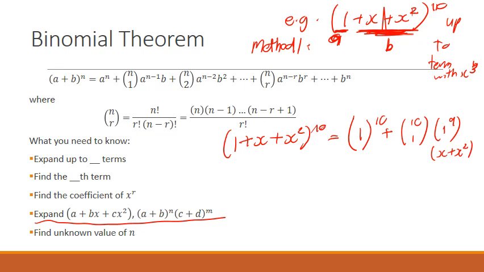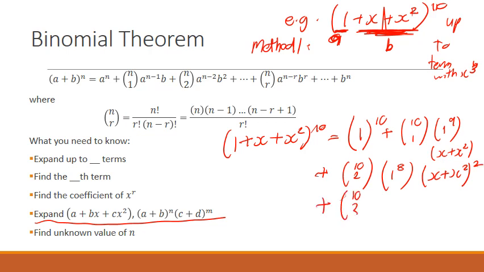Then I will continue on, plus 10 choose 2, 1 to the power of 8, x plus x squared squared. And I will continue on to the next term as well, 10 choose 3, 1 to the power of 7, x plus x squared to the power of 3.